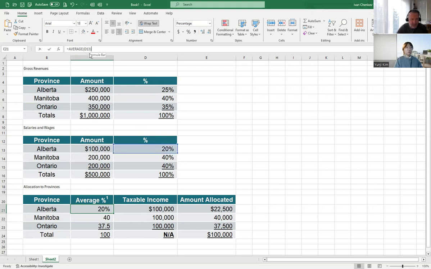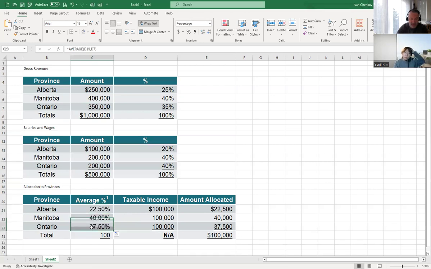Number one and number two. And we come up with the percentage. Make sense? So the average here will be the same, I can easily drag it down. And the total should be 100%.